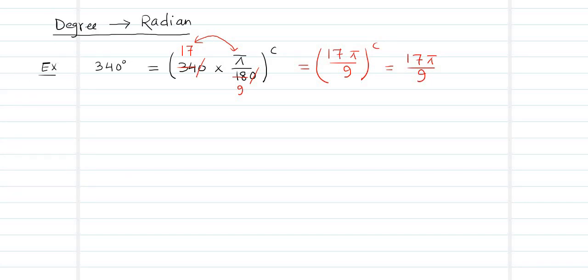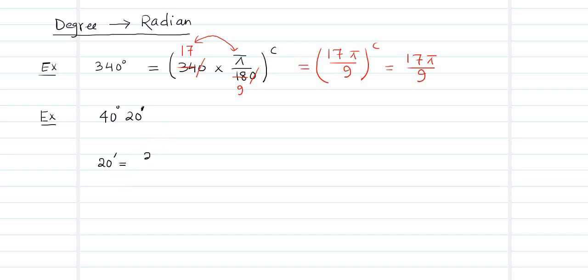Next, we will consider an example which involves minutes. Suppose 40 degree 20 minute. Now before we proceed, what is the value of 20 minute? We know that 60 minute is equal to 1 degree.